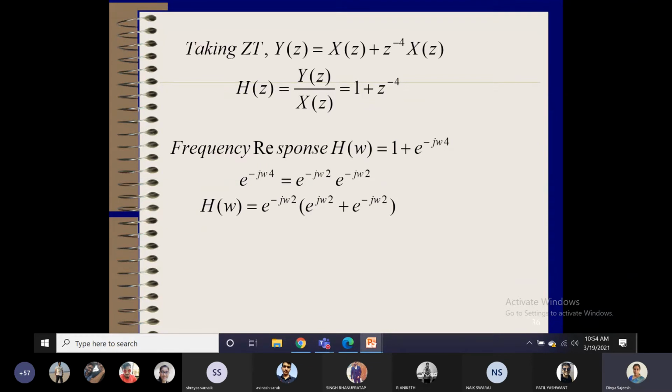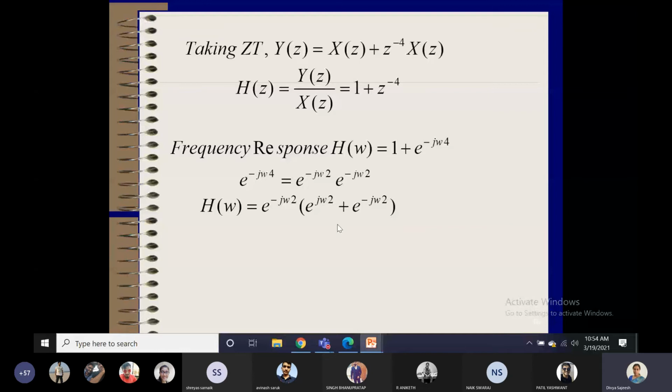Now, what is e raised to j omega 2 plus e raised to minus j omega 2, divided by 2? Can anyone tell? Cos, yes. So, cos omega 2.